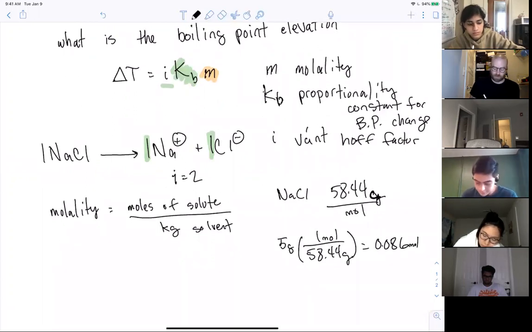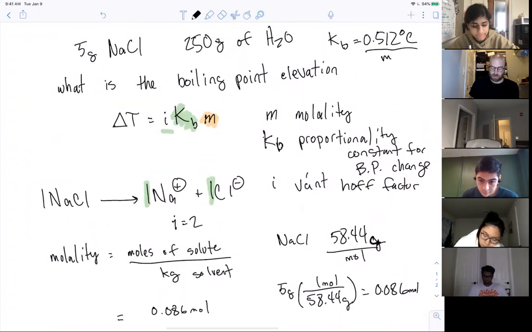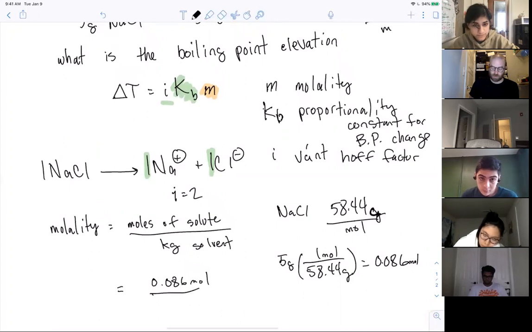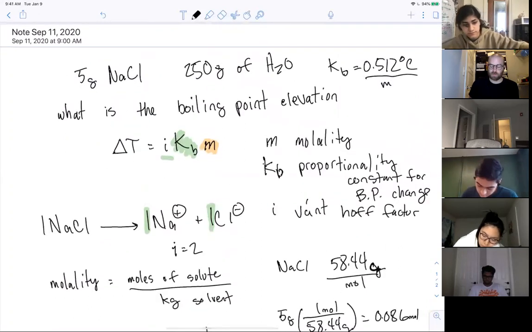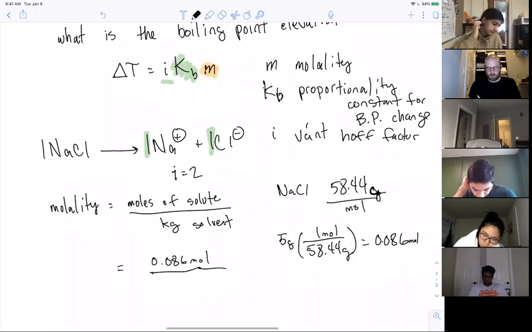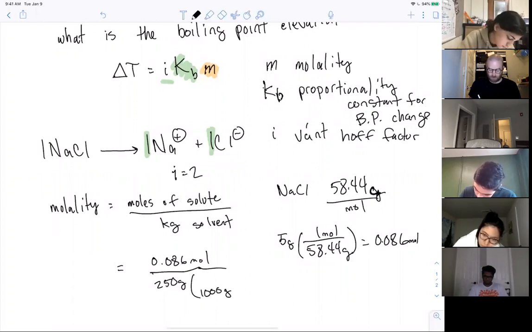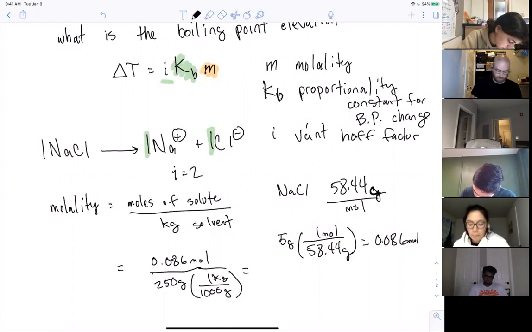And so the molality is going to be equal to 0.086 moles divided by the kilograms of solvent. Remember, we have 250 grams of water, so you want to make sure you convert that to kilograms. We're just going to divide that by 1,000 grams. If I can punch this into my calculator correctly, it's 0.25.